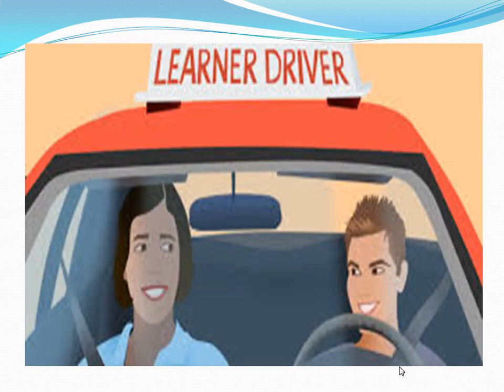Again, we see over here, if you want to learn driving, there will be an instructor. You see in the left portion of the car, behind the steering wheel, there is a person. He is supposed to be the learner, and on the right hand side, she is the instructor. They are doing something, that means they are learning. One person is learning driving, and another person is giving instruction to the learner driver.